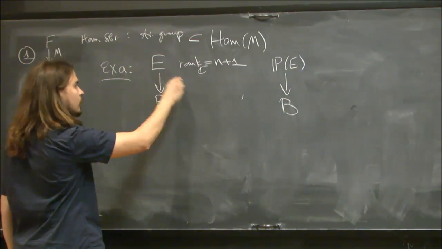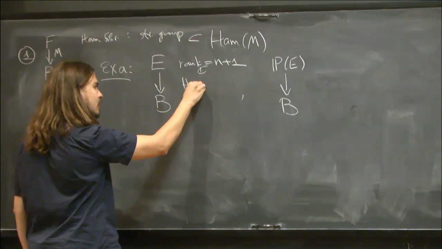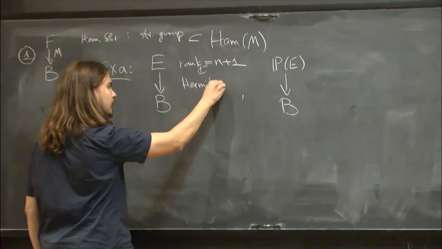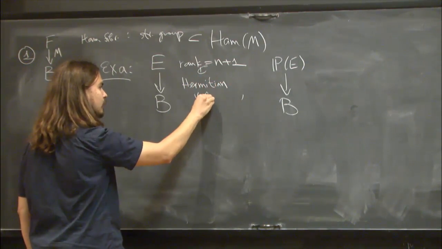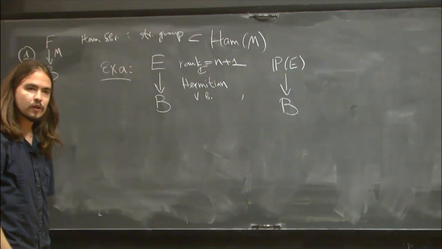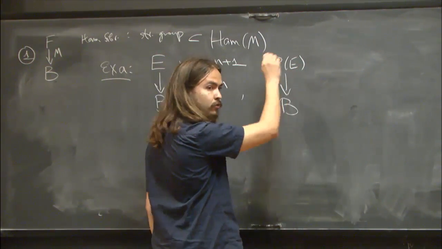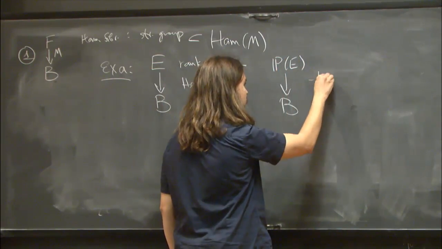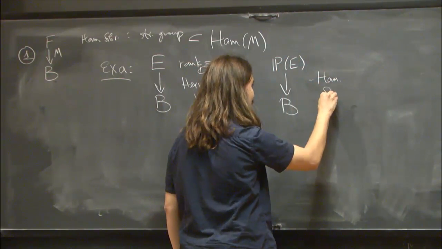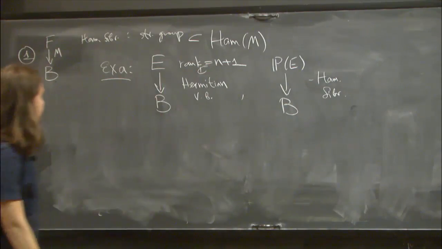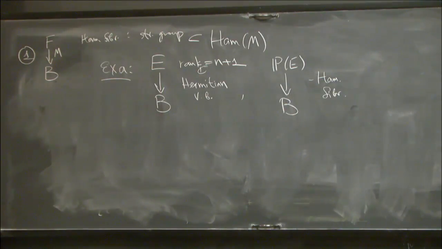Right. Okay. So let me say that I include a Hermitian structure here, so it's a Hermitian vector bundle. So the projectivization is an example of a Hamiltonian fibration.